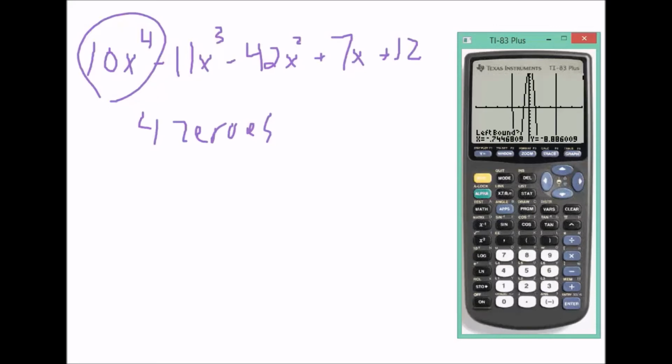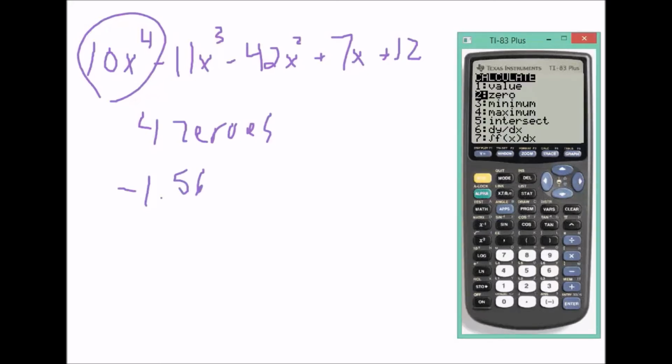So left bound, we're going to have to go to the left of the first zero, enter, right of it, enter. Looks like our first zero is -1.56. Calculate the second one. Go to the left of it somewhere.